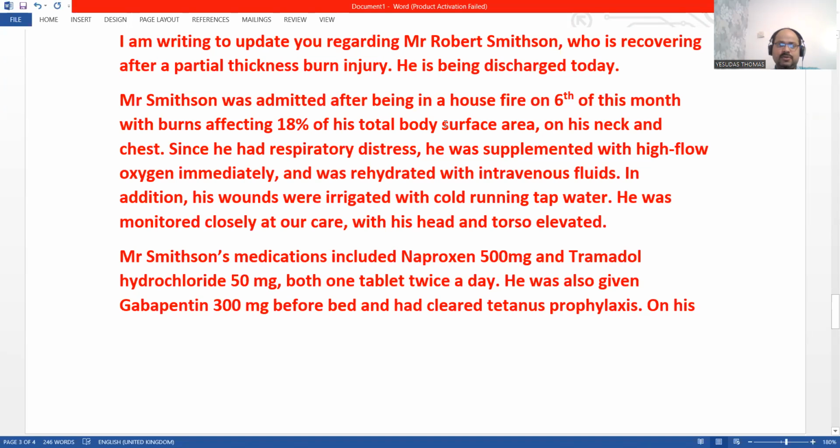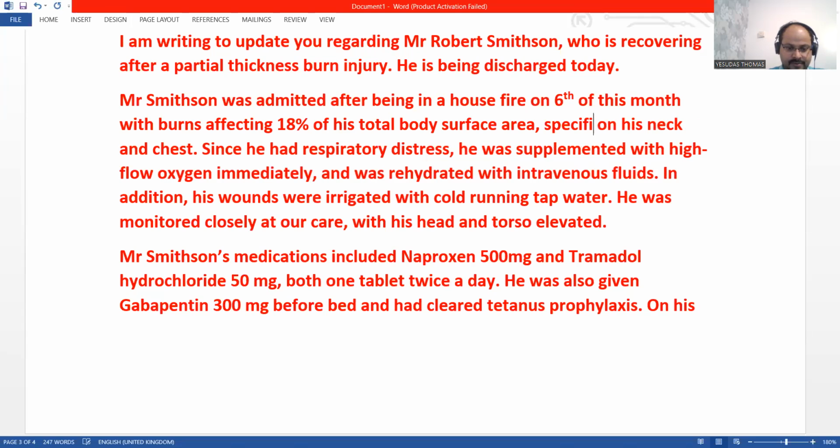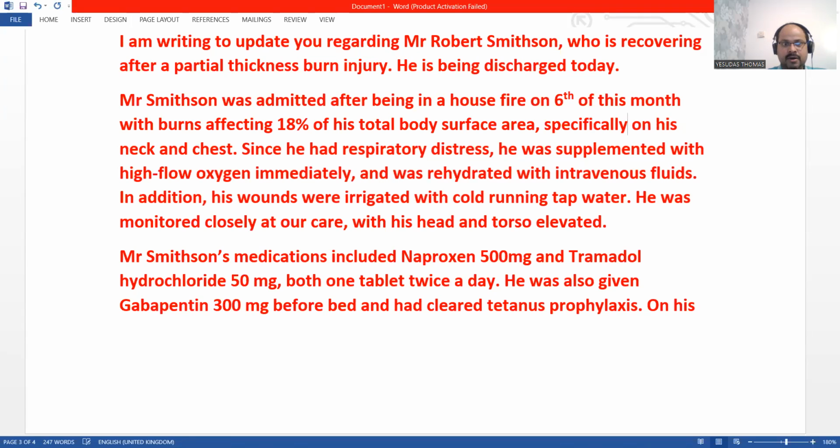Mr. Smith was admitted after being in a house fire on 6th of this month with burns affecting 18% of his total body surface area, specifically on his neck and chest. So we have said clearly now, and we have corrected it grammatically.